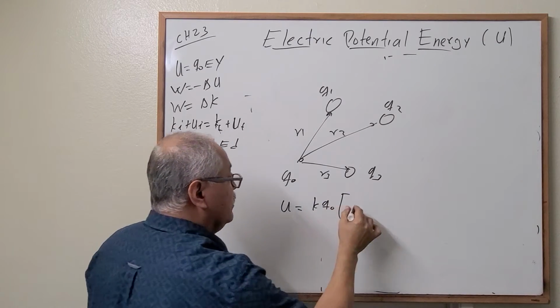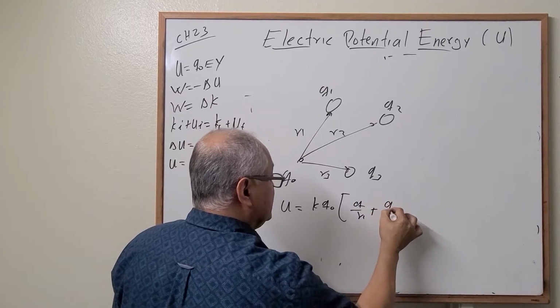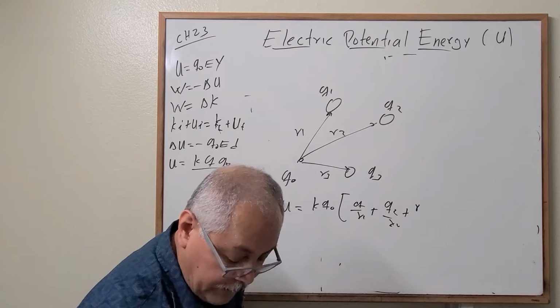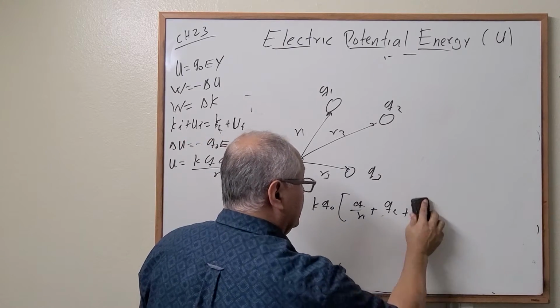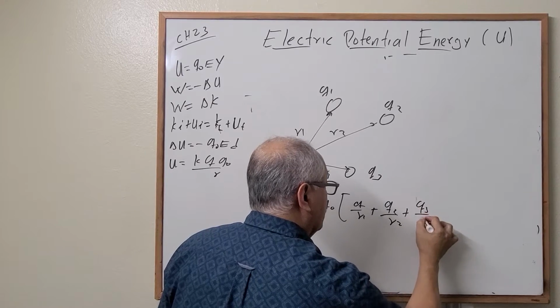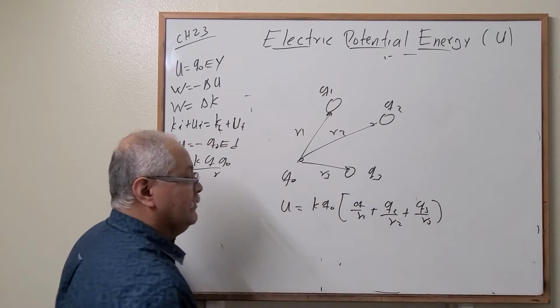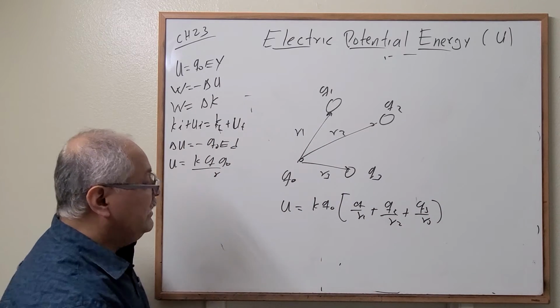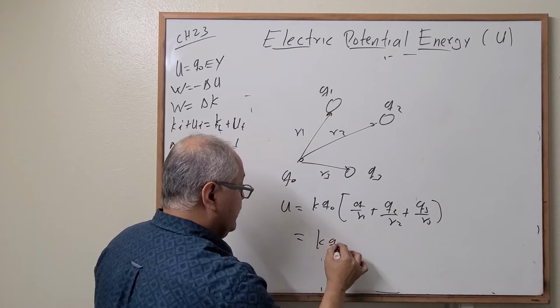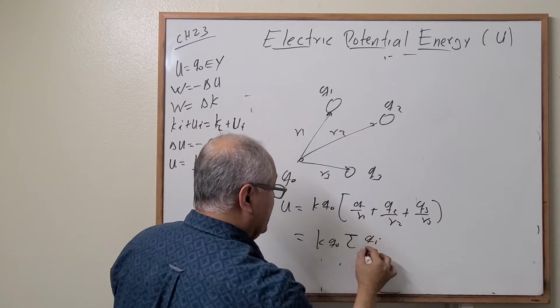It's going to be Q1 over R1 plus Q2 over R2 plus Q3 over R3, and so on. It's equal to K Q naught times the sum of Q sub I over R sub I.